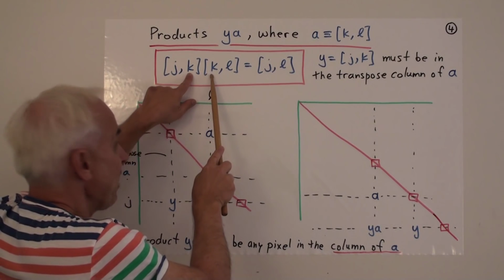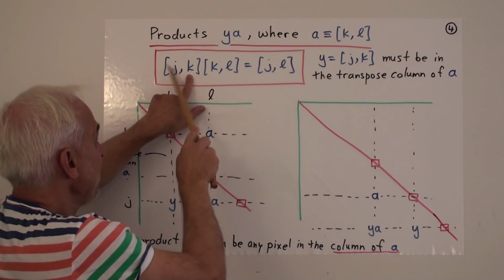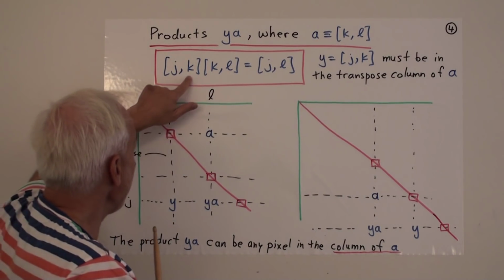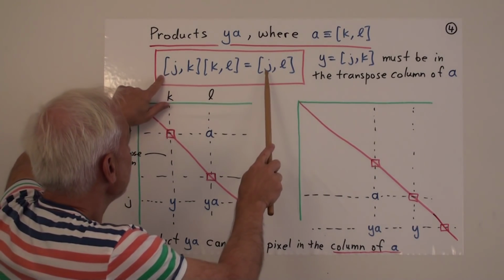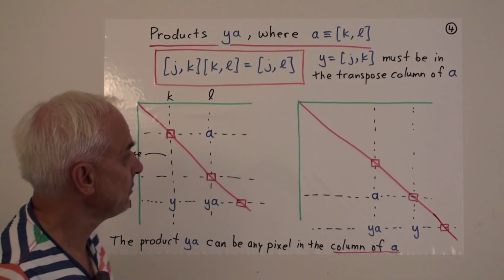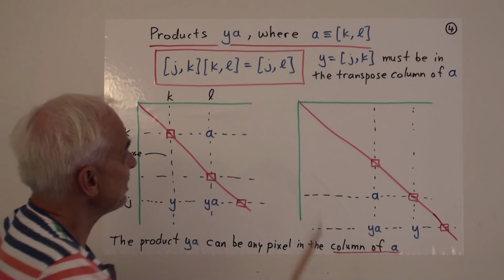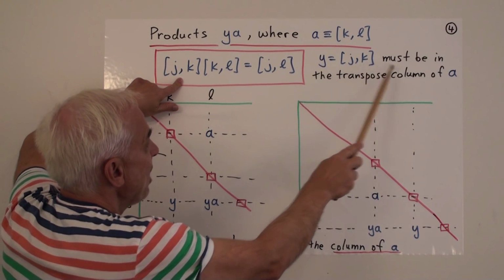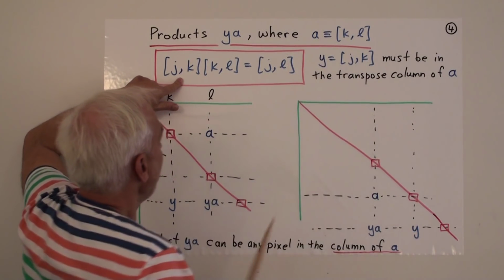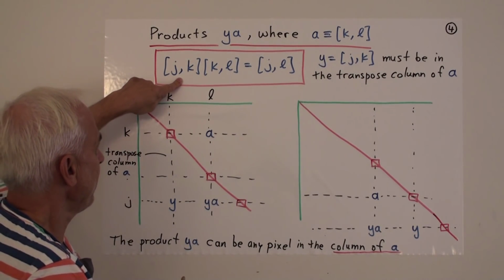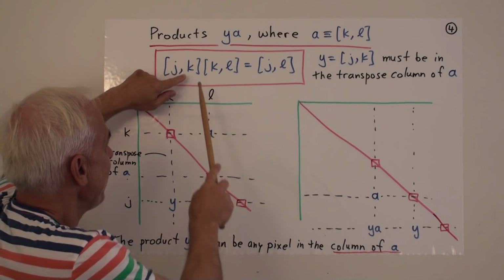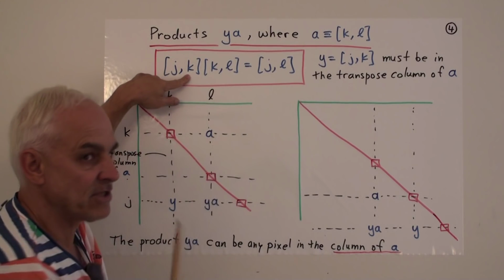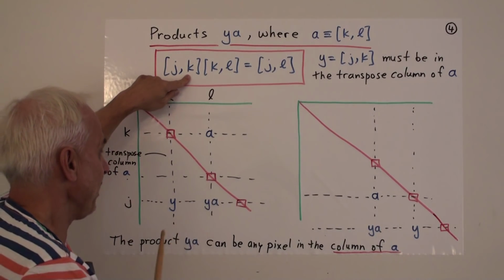So this has to be a K. This can be anything it wants to. Let's call it J. So if we have JK times KL, then the result is JL. And we see that this Y, JK, must be in the transpose column of A. That's the condition, essentially, that this second entry of Y agrees with the first entry of A.